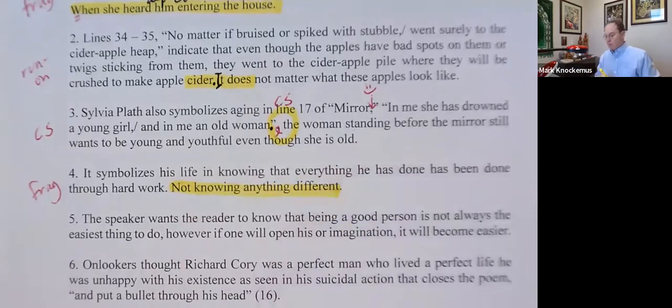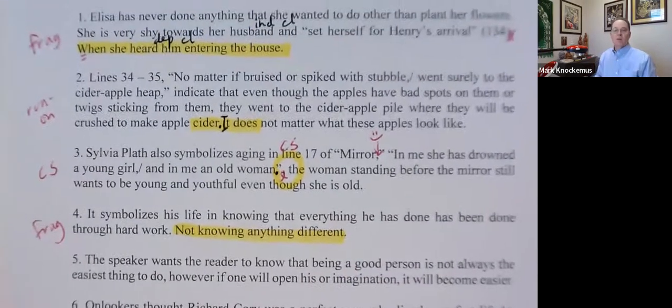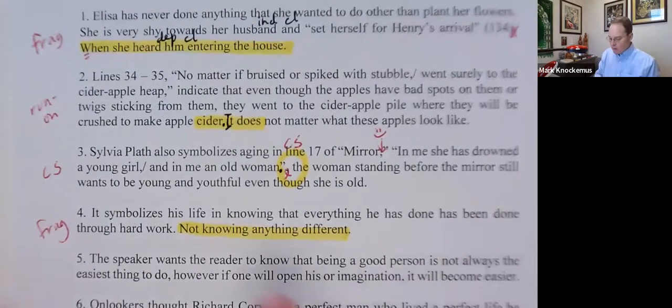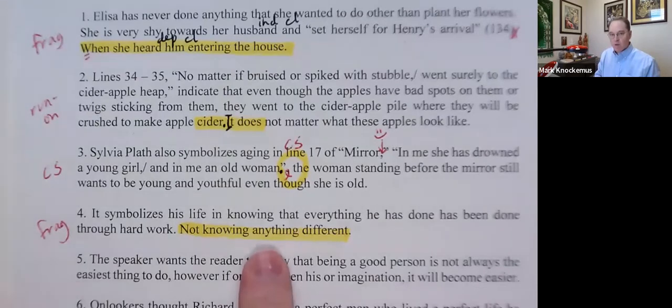Now, this one is different than the fragment in number 1, which was a dependent clause standing by itself. Here we have a phrase standing by itself.